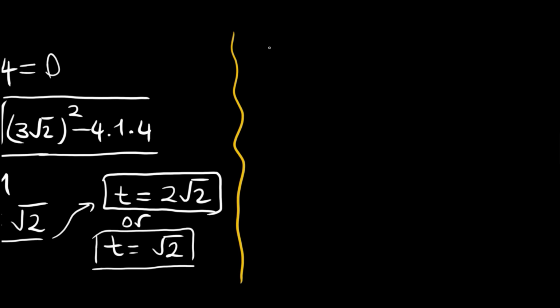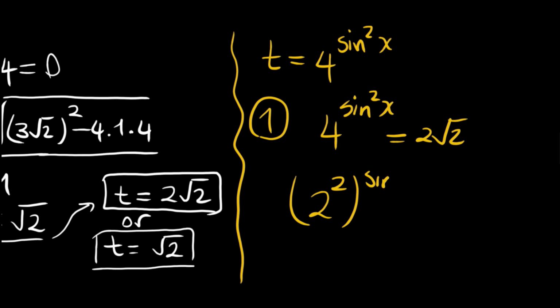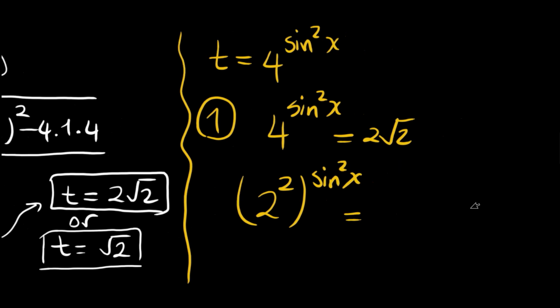We have t is equal to 4 to the power sine squared x. Now the first solution will become 4 to the power sine squared x is equal to 2 root 2. From this we will have 2 squared to the power of sine squared x is equal to, this root 2 is 2 to the power 1/2 actually.